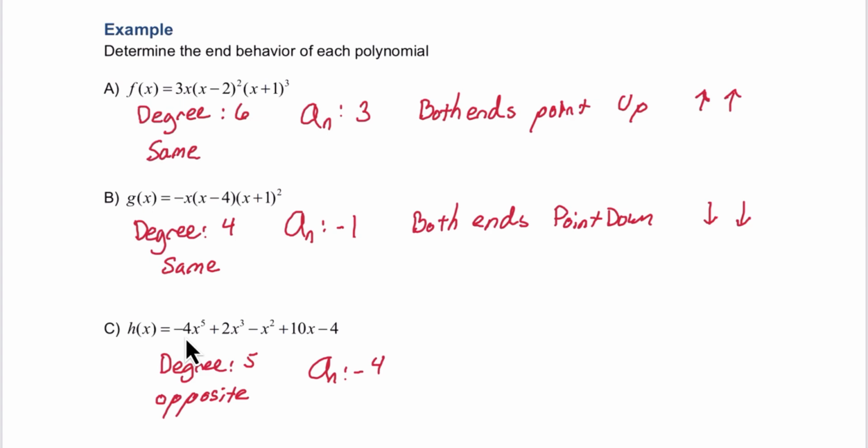So one end's going to point up on the left, and on the right, it's pointing down. Overall, it's decreasing. So the left points up, and then the right side points down. Again, the way I see it is overall, it's decreasing.